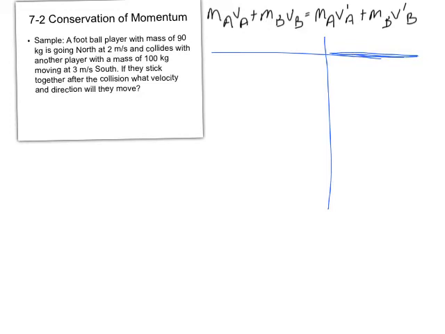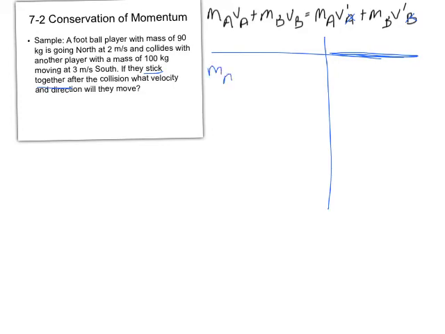Now, one thing that's a little different about this is because they stick together, these two final velocities aren't different from each other, so we don't need the letters anymore because they're going to move together, so they will have to have the same velocity.